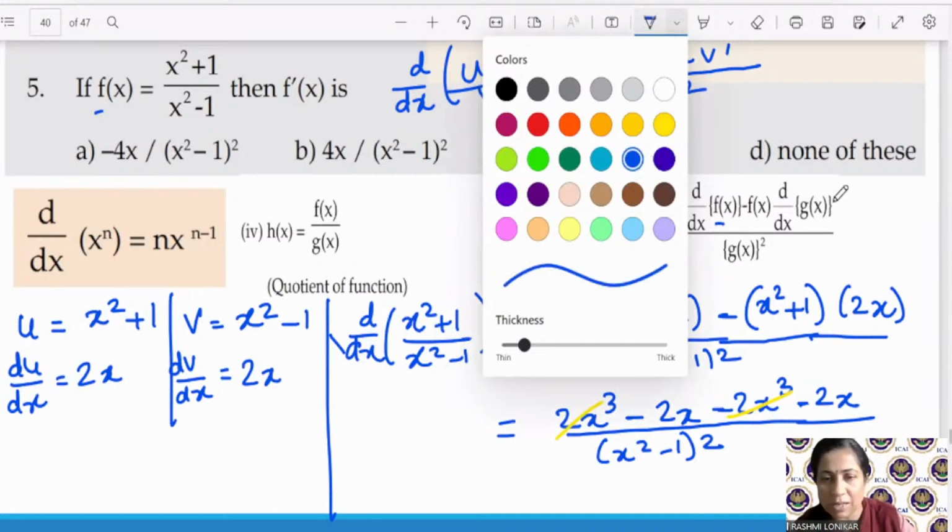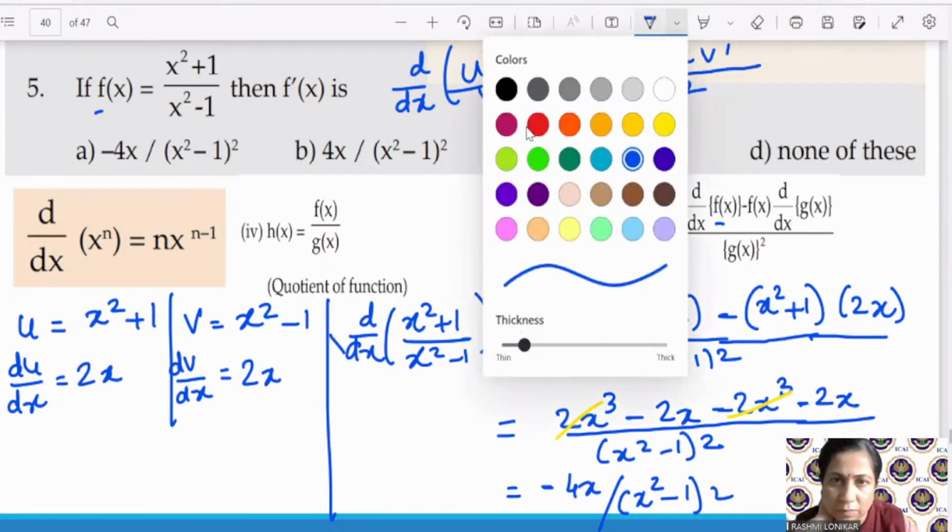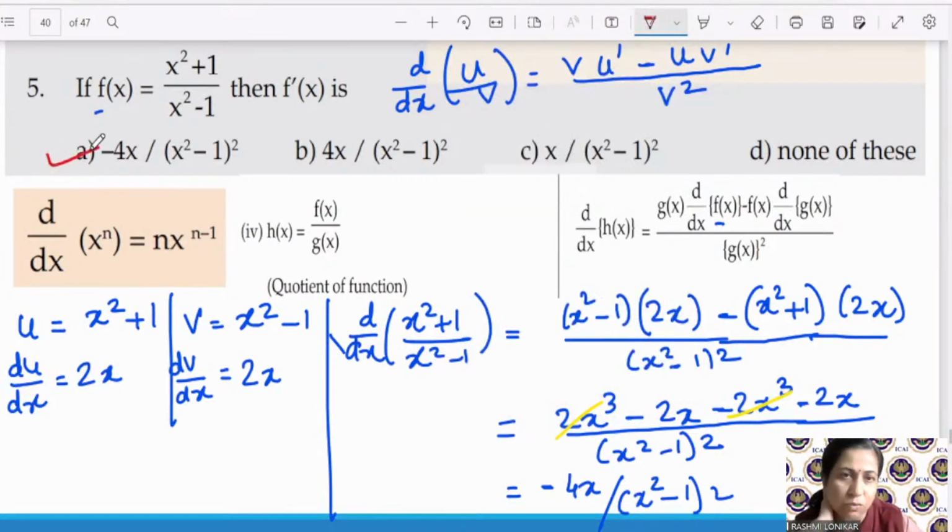Okay, this is minus 2x, answer is minus 4x upon x square minus 1 the whole square. So B will be the, no, not B. Sorry. A will be the correct answer. Minus 4, so A is the correct answer.